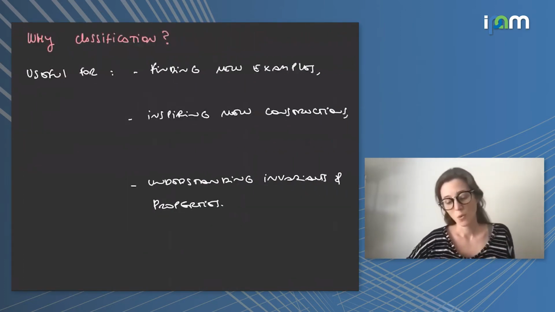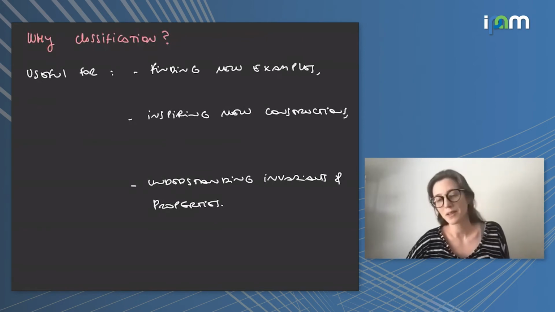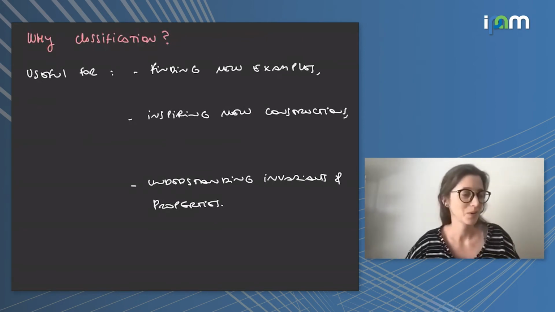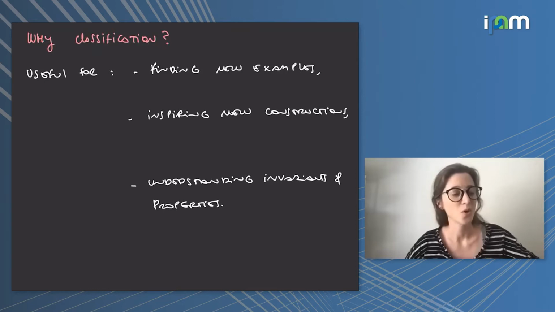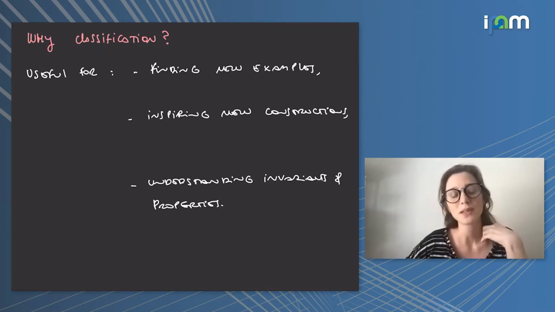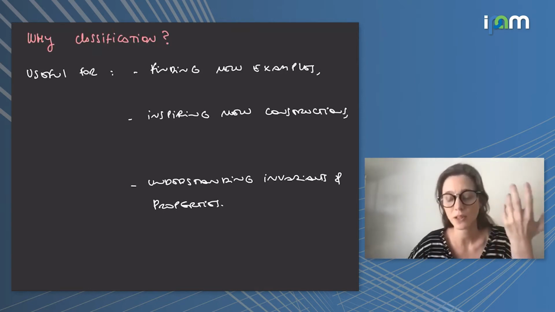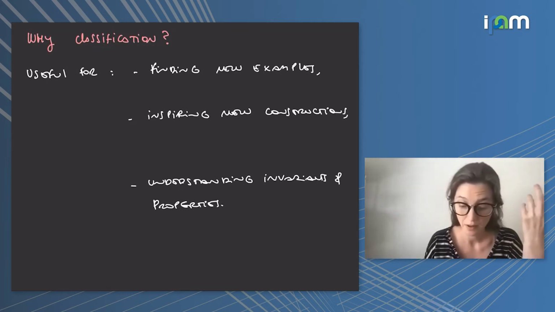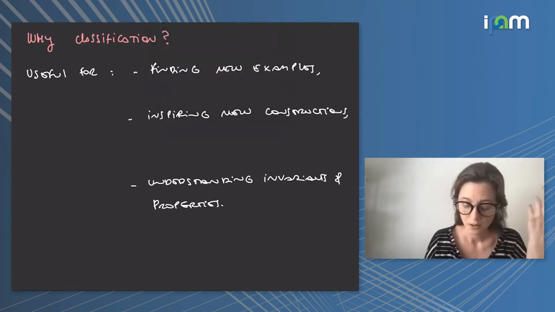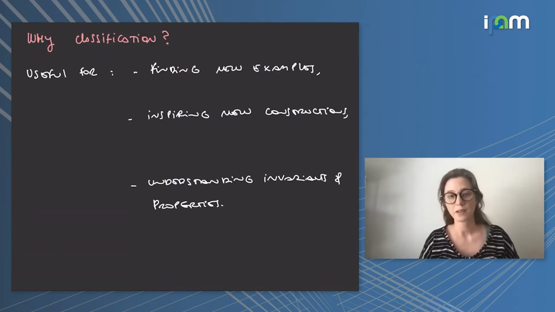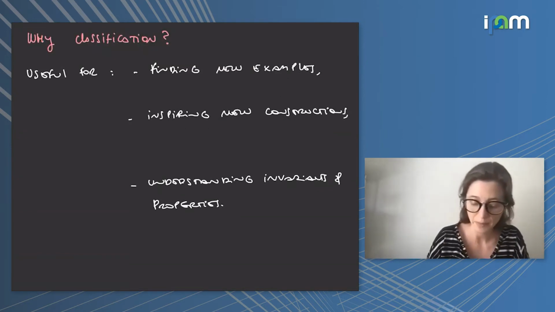So why do we classify? For many reasons. One is because we want to advance and know more about these objects. And one good thing about classifications is, for example, that we can find new examples. While people were classifying fusion categories of certain dimension, they found families of categories.